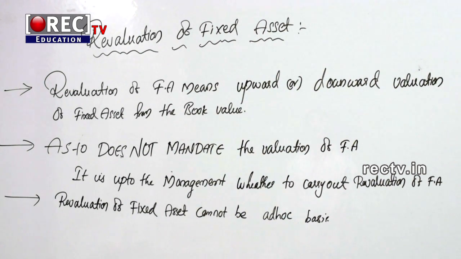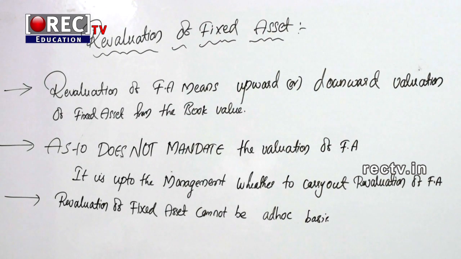Revaluation of fixed asset means upward or downward valuation of fixed asset from the book value. Now AS 10 does not mandate the revaluation of fixed asset. It means AS 10 does not say anything about fixed assets being revalued. It is up to the management whether to carry out revaluation of fixed asset. And revaluation of fixed asset cannot be on an ad hoc basis.